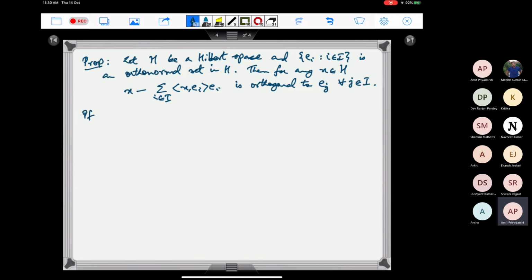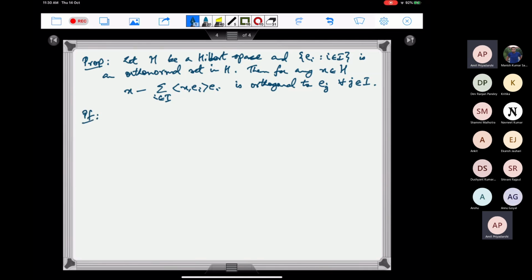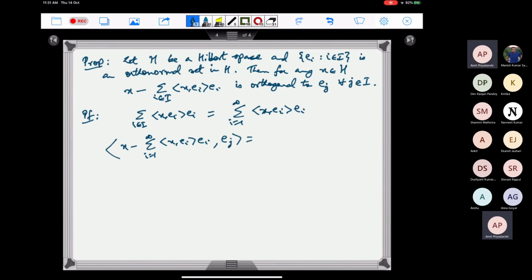So we have this sum, i equal to 1 to infinity of (x, e_i) e_i, and then if we look at the inner product of x minus this summation with e_j, this will be equal to (x, e_j) minus this sum.